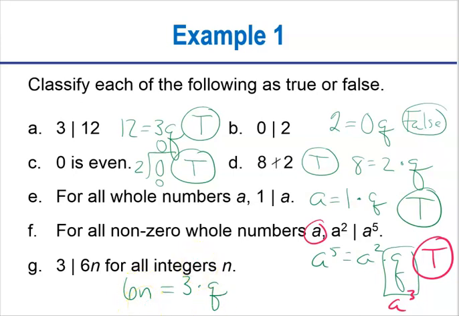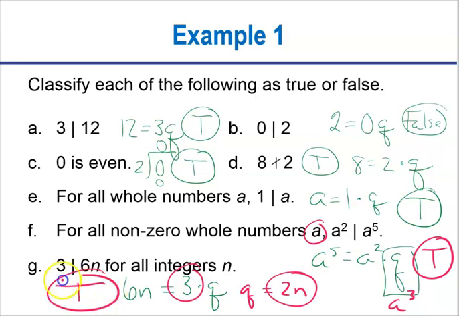What could q be to make this true? Well, if q were equal to 2n, then 3 times 2n is equal to 6n, and would 2n be an integer, since n is an integer? Yes, so 2n would be an integer. So I would say this is a true statement as well.